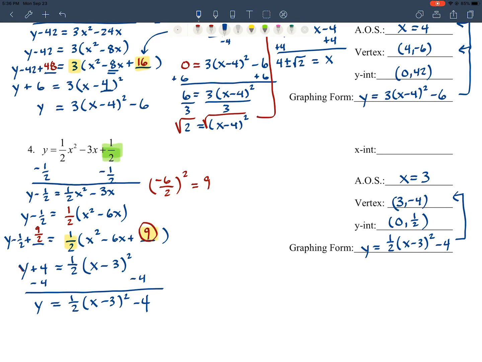And our x-intercept we can find here by solving our graphing form of our equation. We'll say 0 equals 1/2 times the quantity of x minus 3 squared minus 4. Add 4 to each side.